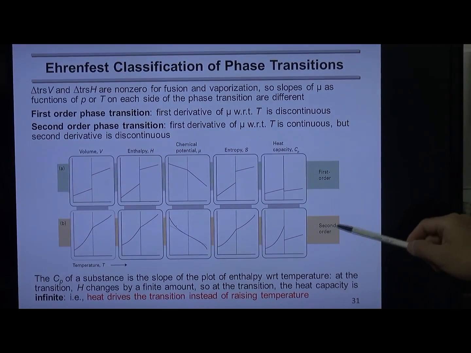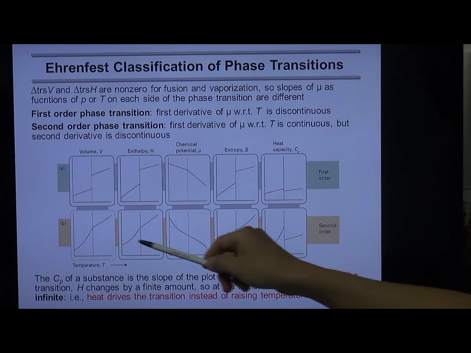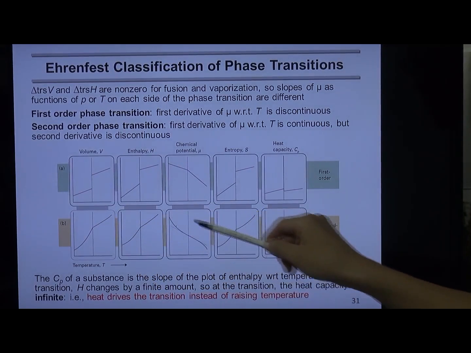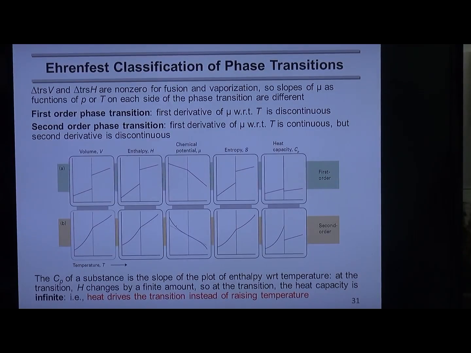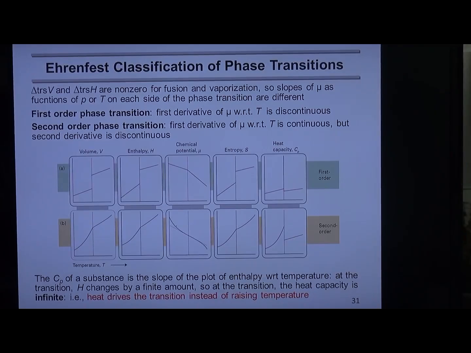So for second order phase transition, volume, enthalpy, or entropy has a continuous increase, right? Interestingly, heat capacity has an interesting shape, right? It increases and it just stops, and it follows like this. Okay?